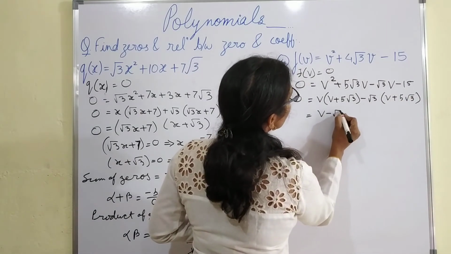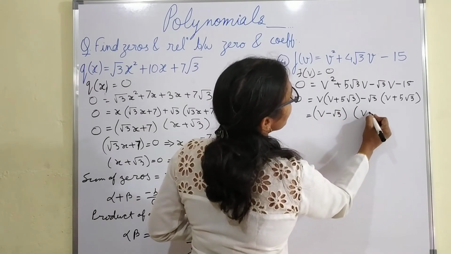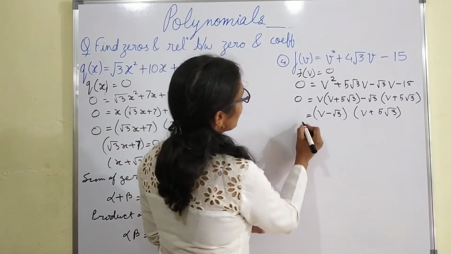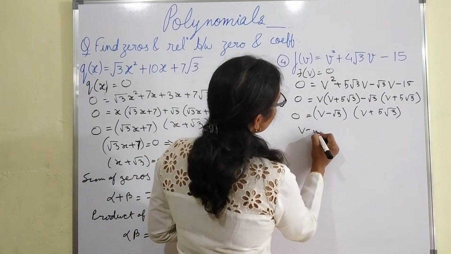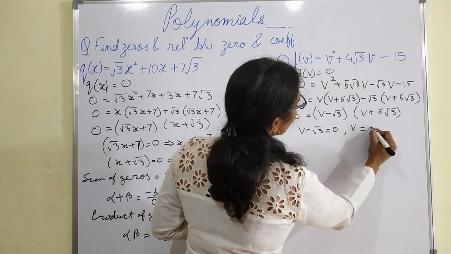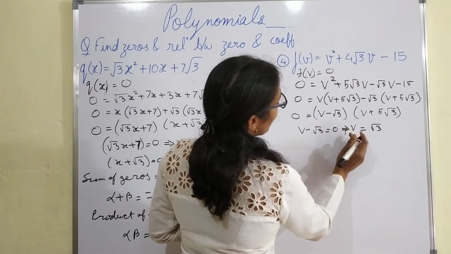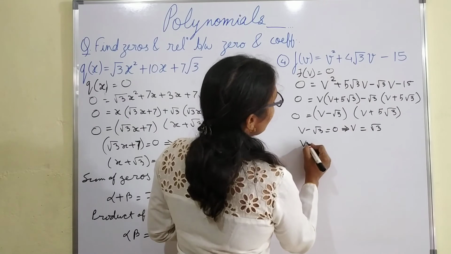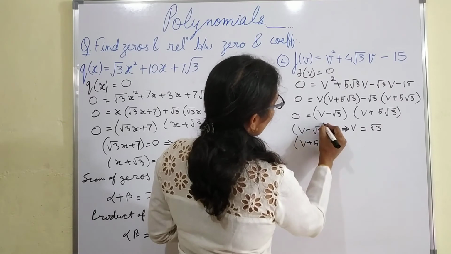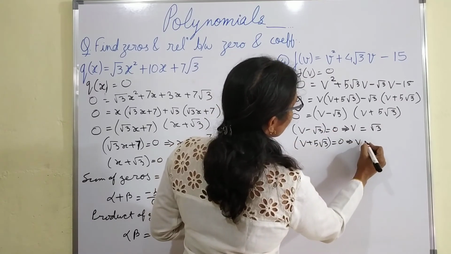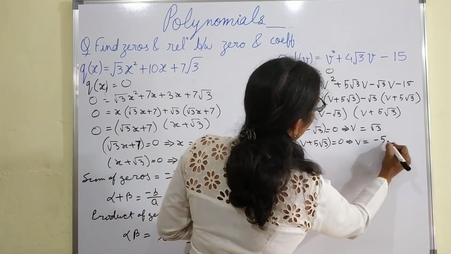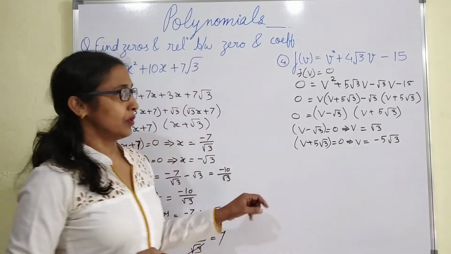So v minus root 3 and v plus 5 root 3. Okay. So v minus root 3 equals 0, so one of the zeros is root 3. Okay. Now v plus 5 root 3 equals 0, so the other zero will be minus 5 root 3.